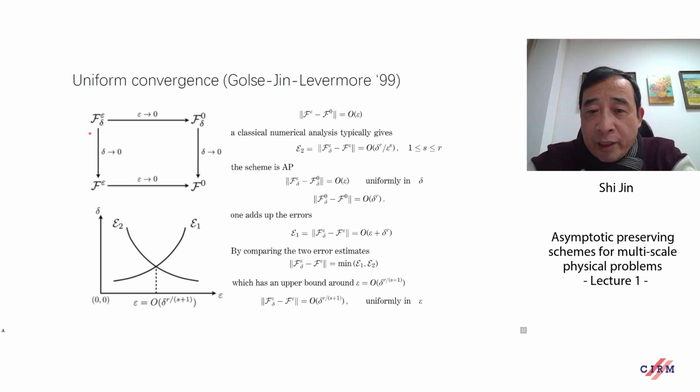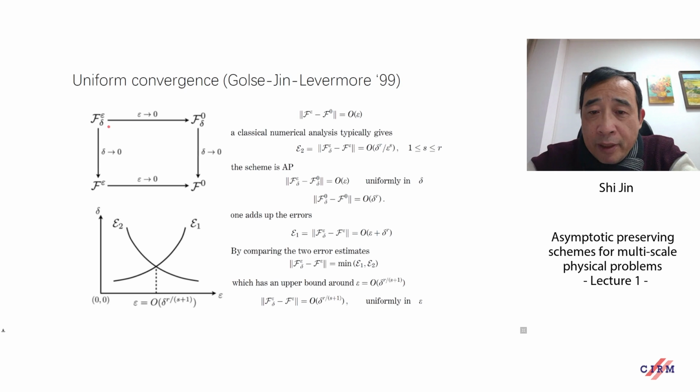That's my mesh size, time step, and so on. Of course, typically when delta goes to 0, it should converge to this. But in reality, I cannot afford delta to be smaller than epsilon. It's too expensive. Actually, my delta is going to be larger than epsilon. So relatively, that's like epsilon going to 0 while I fix delta.